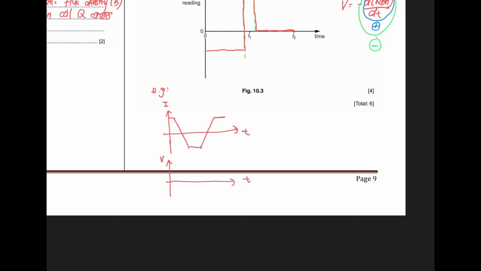Similar. When it is flat, no gradient, no EMF. So that part is flat.